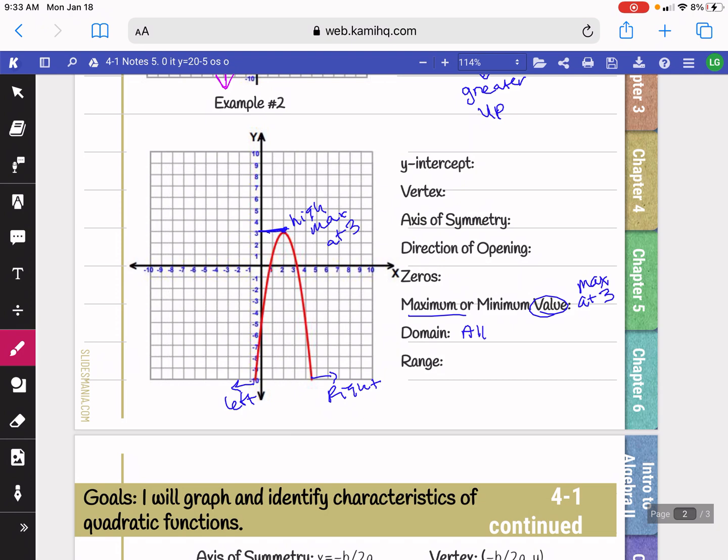So the domain would be all real numbers. And if we're doing range, we would look bottom to top. So on the bottom here, you notice it's going to keep going down. On the top, it goes up to 3. So our range is y's that are going down from 3. So down would be less than or equal to 3. So y less than or equal to 3. And that's because this one's going down.